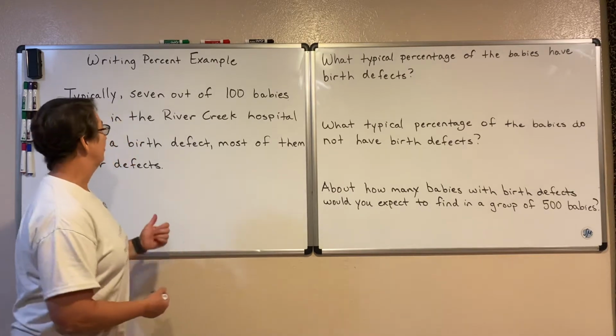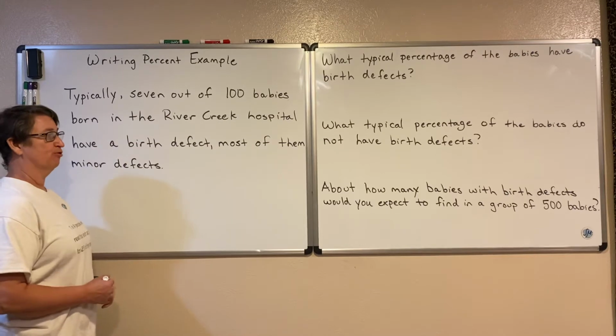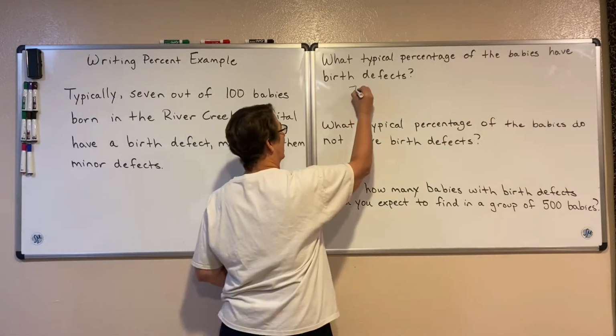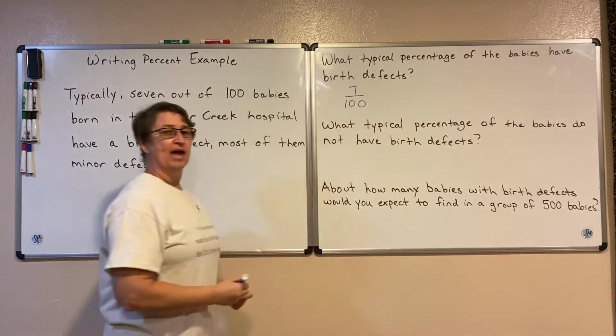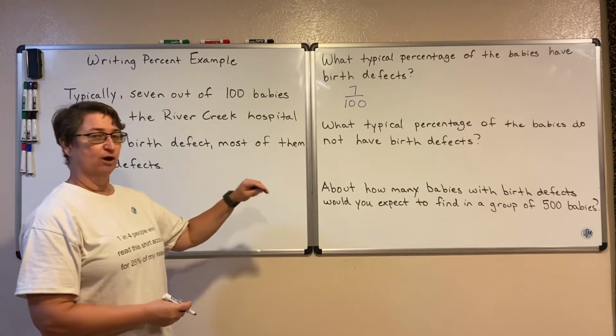Well, looking back here, 7 out of 100 are born with birth defects. So 7 out of 100, I could write that as a fraction, 7 out of 100. And we know that percentages are just that, a fraction out of 100.